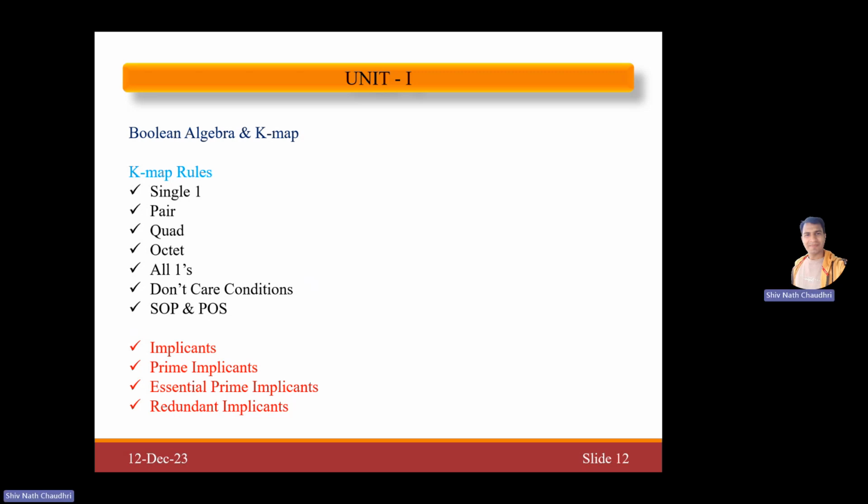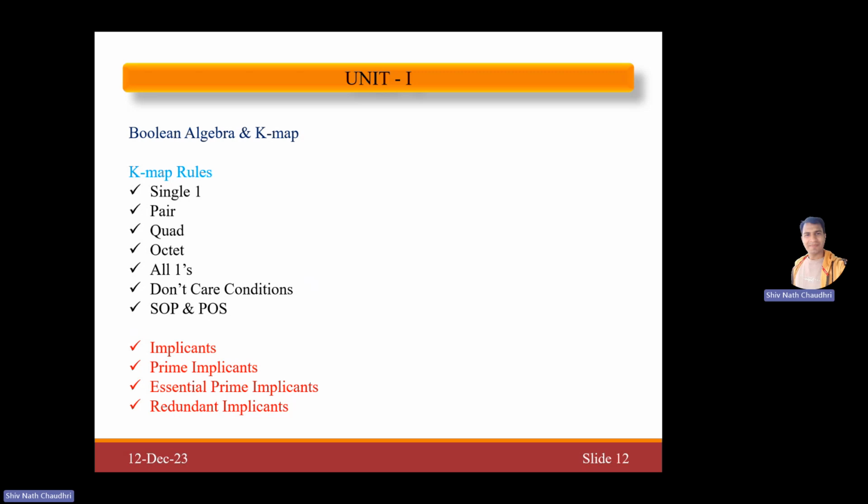When you are solving SOP using K-map, each one is called an implicant. If you are solving POS using K-map, each zero is called an implicant. Prime implicants are the terms you get in the minimized expression.